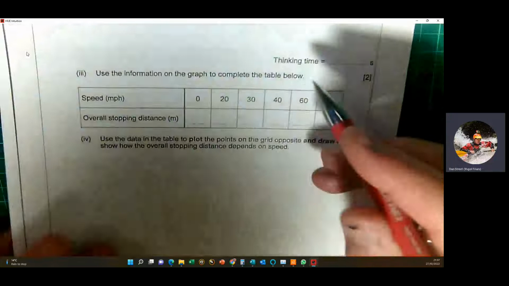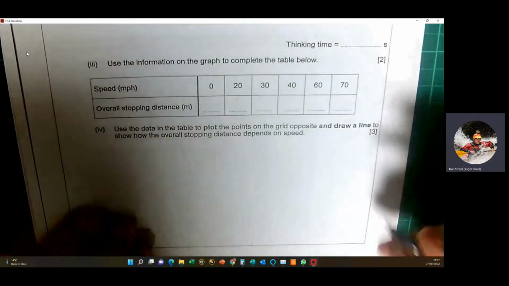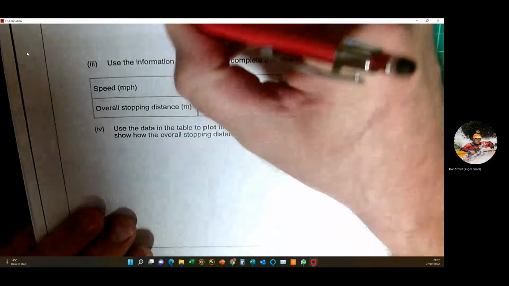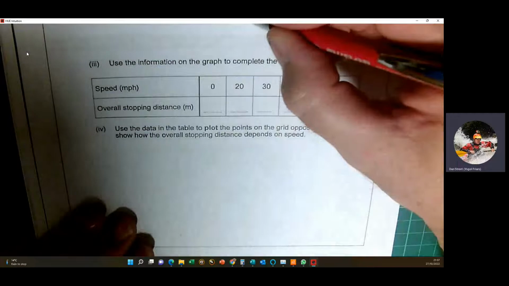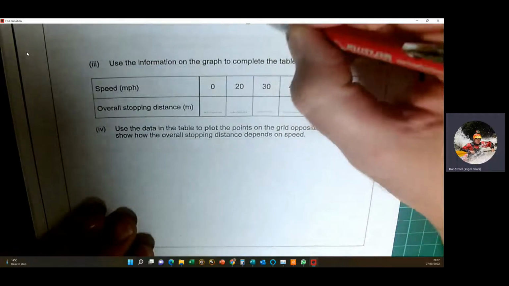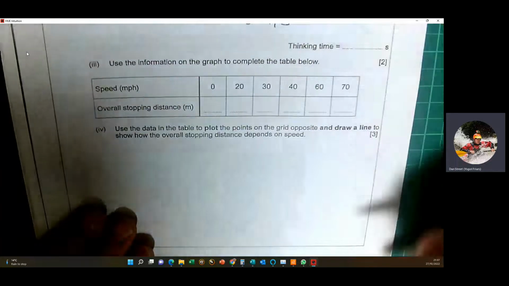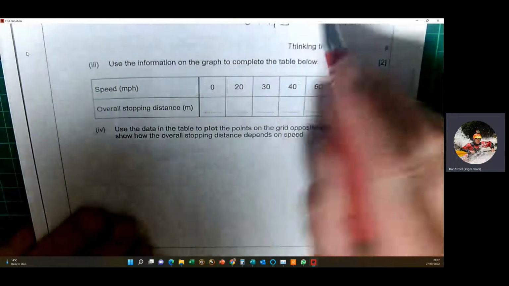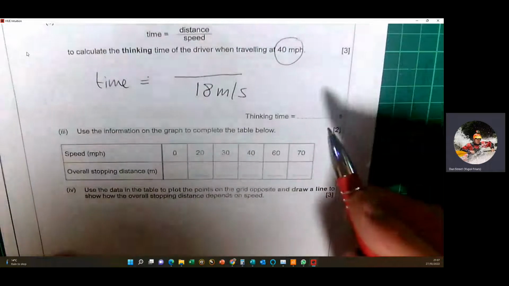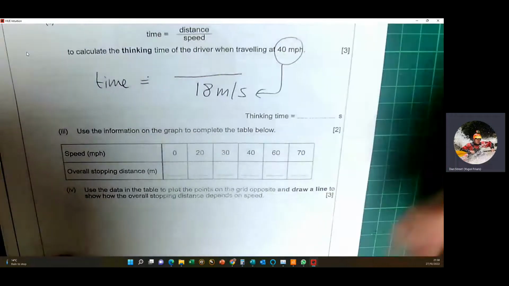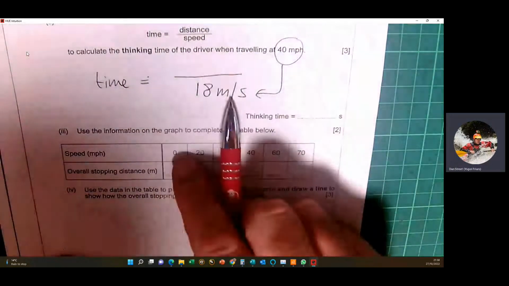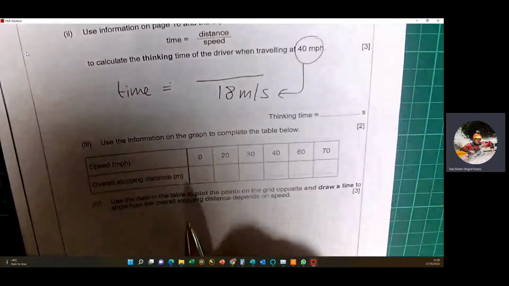Okay, so if we put into our equation, we want to know the thinking time. So that's distance divided by speed. So we've just established that the speed is 18 meters per second. A lot of people put 40 straight in there, they didn't convert it. So that's 18 meters per second, because that's what 40 miles per hour is in meters per second. And then we need to find the distance, and this is for the thinking time.